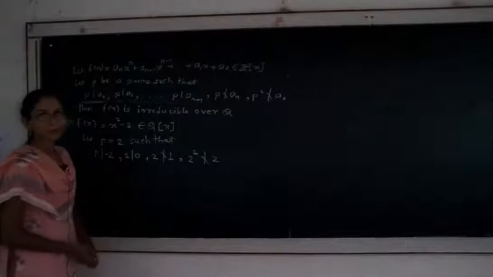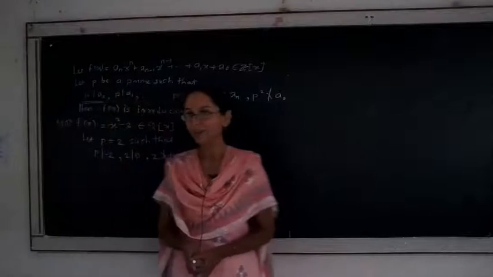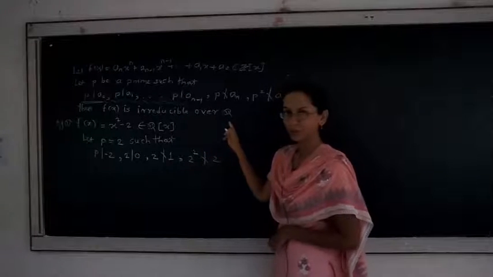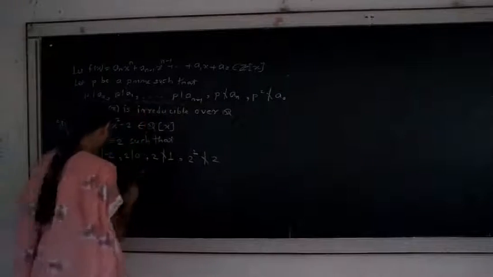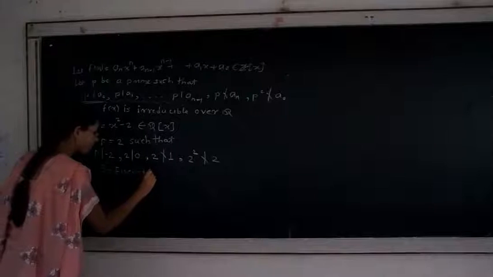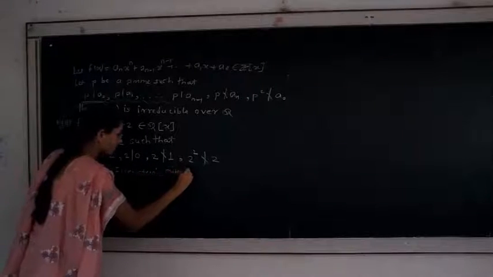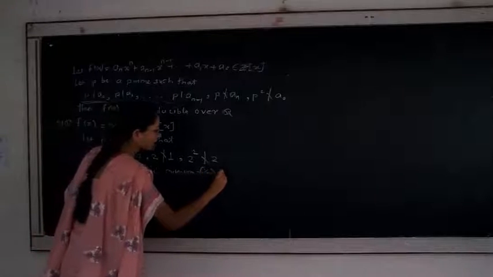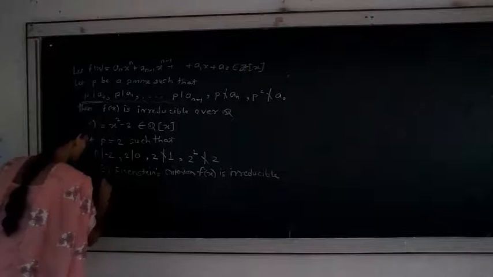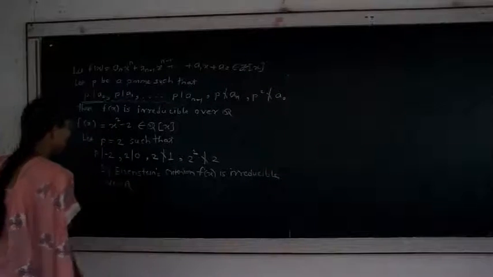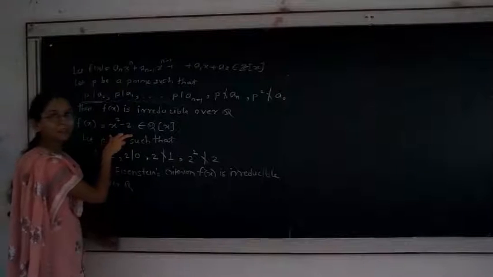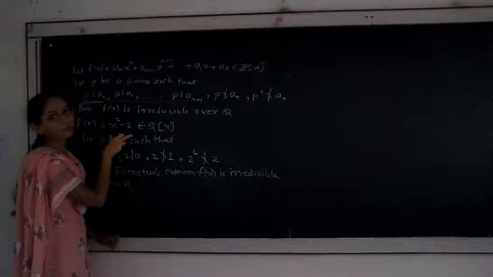All the conditions of the Eisenstein criteria are satisfied by this polynomial f(x), therefore by the Eisenstein criteria this polynomial f(x) is irreducible over Q, over the set of rational numbers, provided that this polynomial has coefficients from the set of integers.